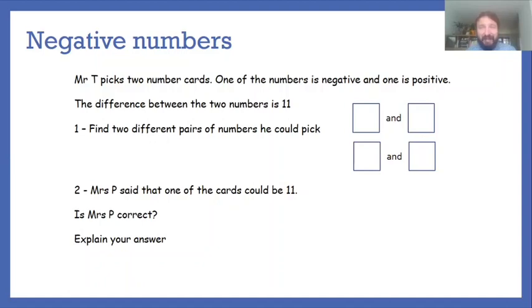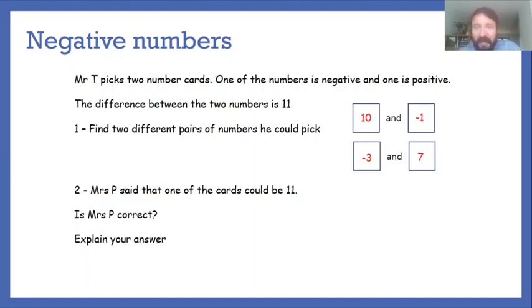Okay, should be back. I can't get used to these weird pauses where I don't pause. Okay, so we had the question of Mr. T picks 2 number cards. One of the number cards is a negative and one is a positive. The difference between the 2 number cards is 11. Find 2 pairs of numbers that he could pick. Now, these are 2 numbers that I've chosen.